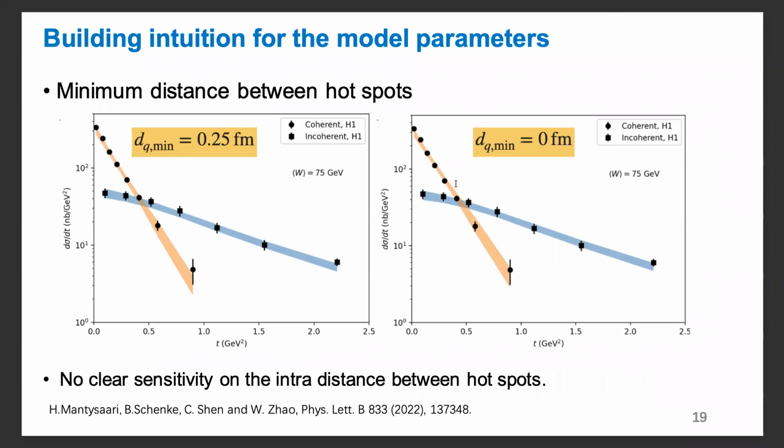Changing it from 0.25 to 0 has no effect on either the coherent or incoherent cross sections. So in other words, this higher data alone cannot constrain the DQ minimum, or the minimum distance between the hotspots.